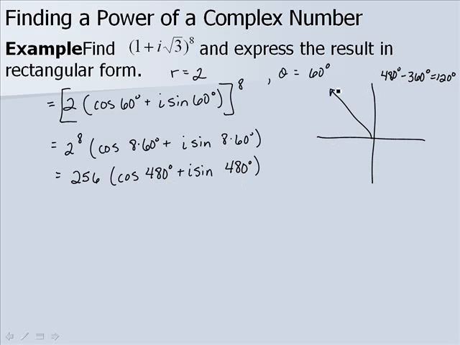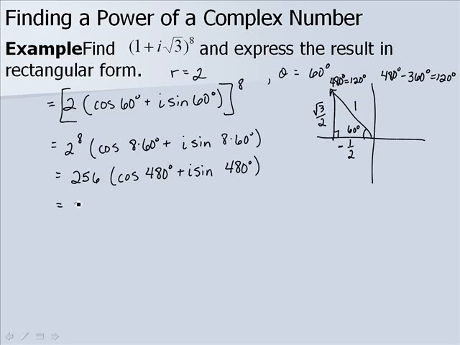And we see that we're then in quadrant 2. So we find our reference angle here to give us our right triangle. And that'll be 180 minus 120, or 60 degrees. And we see then when we fill out our triangle, we have the square root of 3 over 2, here is 1/2, which is negative, and 1.